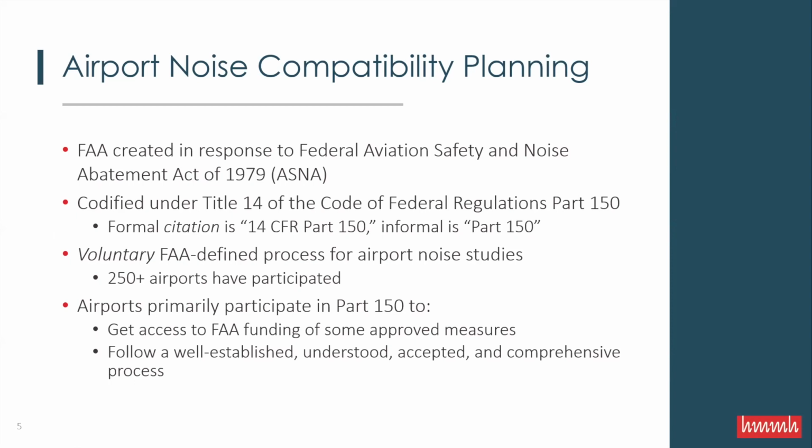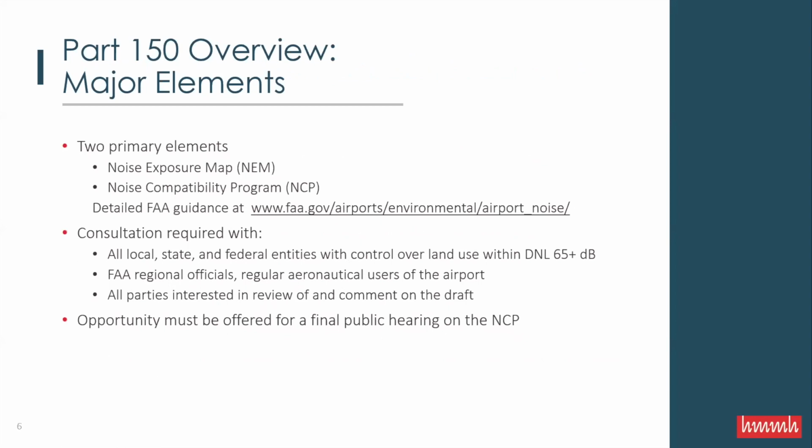But if they do, it has a very well-defined process for how you assess aircraft noise and how you assess land use compatibility, and then also ways of mitigating and abating those high noise levels. Airports primarily participate in Part 150 to get access to FAA funding, some approved measures, and because it follows a well-established, understood, accepted, and comprehensive process, meaning that they can rely on the results because they follow the process, and therefore they can stand behind the results of their assessments.